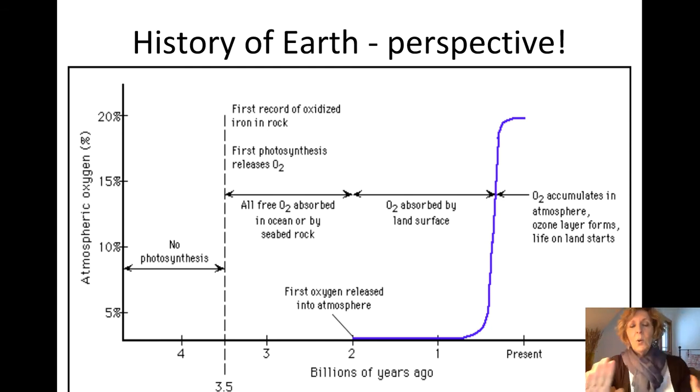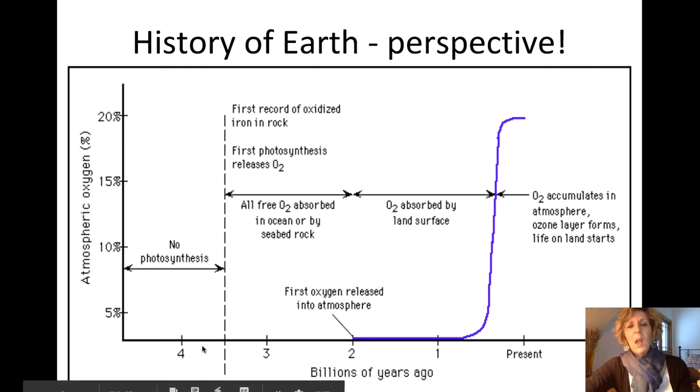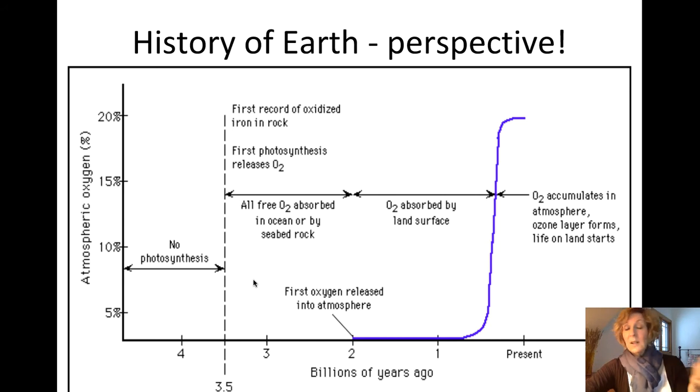So let me give you just a quick little history lesson of the Earth so you can understand why this is happening. So you have to go way, way back, right? So our Earth is 4.6 billion years old, and there was no photosynthesis occurring in the first 1.5 billion years. But then photosynthesis evolved, which is great because then organisms could basically make their own food.